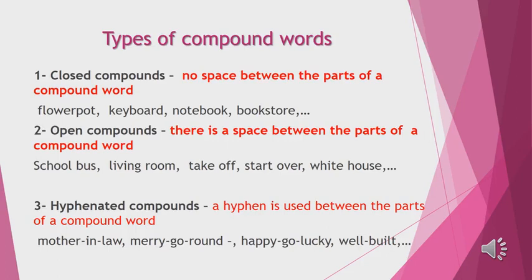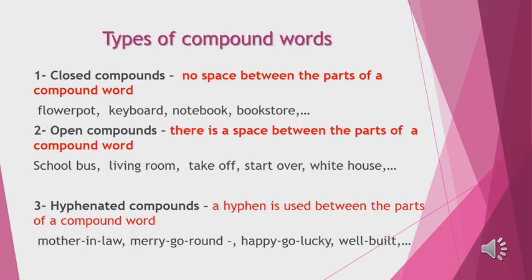Living room. Also, we have a space between living and room, so it is an open compound. Take off. Between take and off, there is a space, so it is an open compound. Start over. Again, there is a space, so it is an open compound. White House. This word is a compound word, and there is a space between the two parts, so it is an open compound.